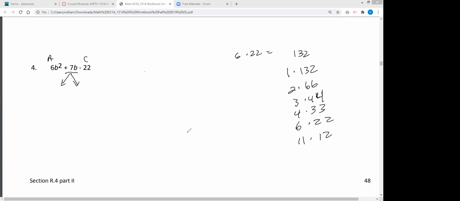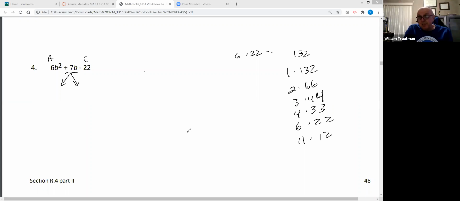It's prime unless I missed one. Anybody want to check the back of the book? Unless I miss a multiplication, that should be there. I don't think I missed any. 6 is there, 11, 2, 4, 8 is not there. I don't see any that equals. I think I got all the multiplications.